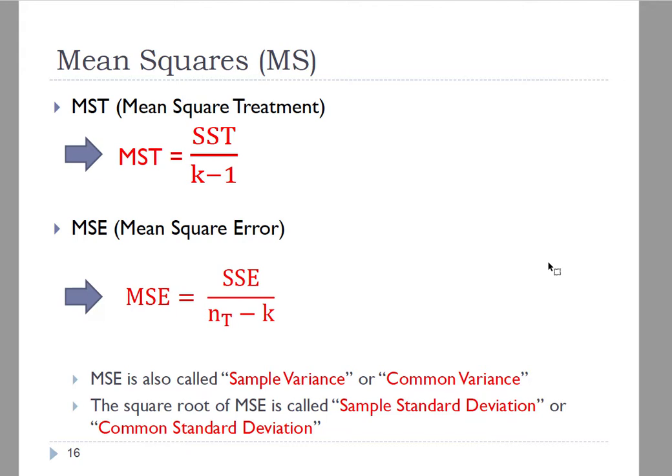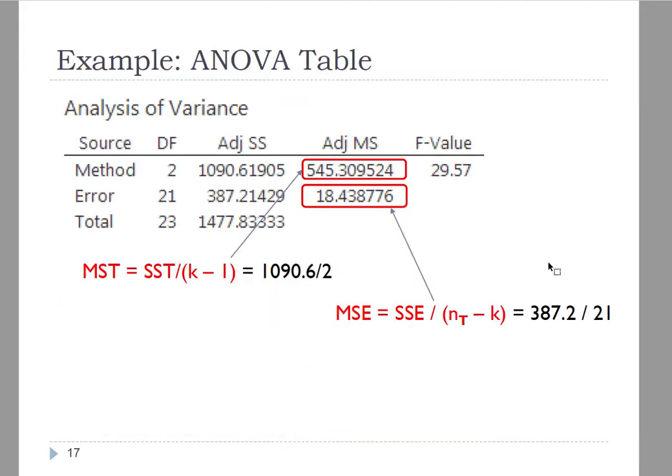And let's look at what it looks like in an ANOVA table. So I did these in Excel. Here is our mean square for treatment, MST. This is our sum of squares total. MSE, we've got our mean square of error. Here, SSE, our sum of squares error.